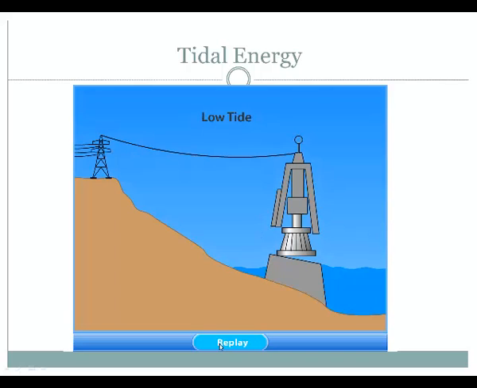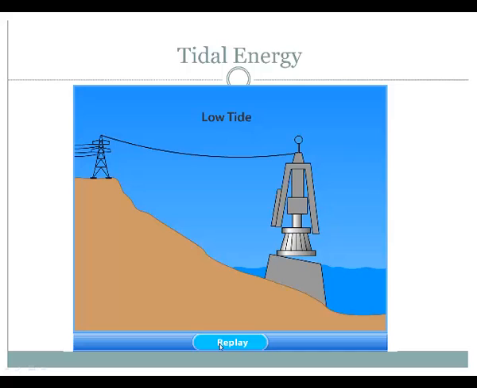One downfall to this process is that it's not going to be practical for everywhere. You're going to have bays or inlets that are blocked off with this type of facility, where you have tides that are actively moving in and out. And then the timing aspect of it is kind of a problem as well, because the tide doesn't happen as regularly as what we produce or use electricity.